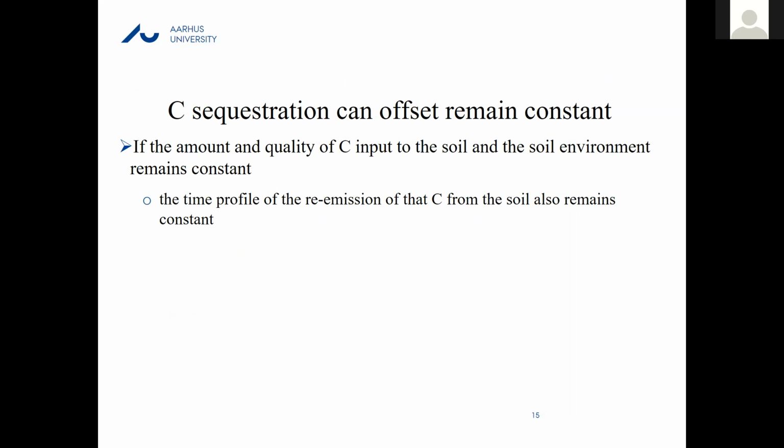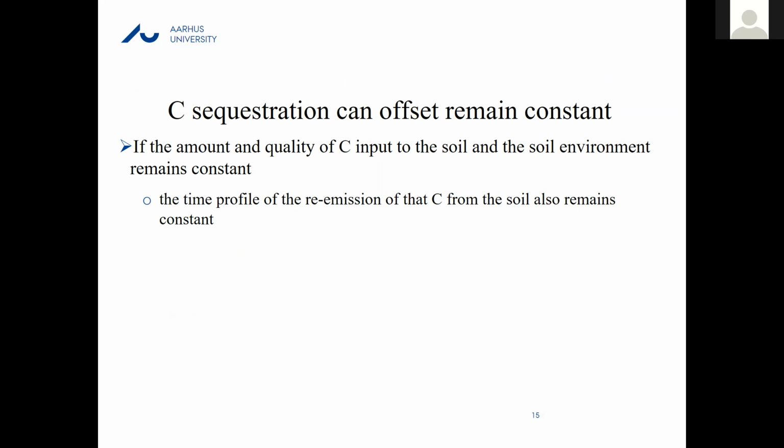If the amount and quality of carbon input to the soil remains constant, the soil environment also remains constant. And then the time profile of the re-emission of that carbon from the soil will also remain constant.